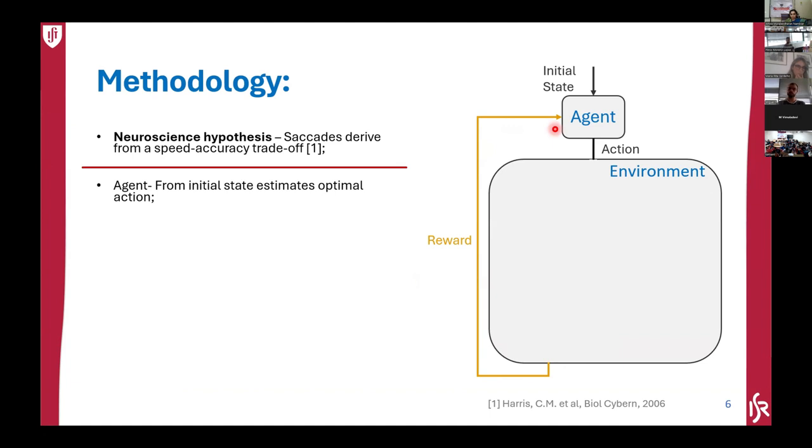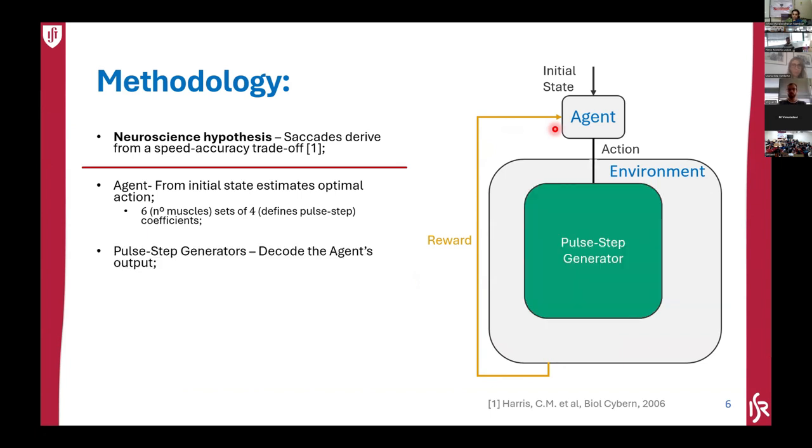The optimization process, therefore, consists of a predetermined number of interactions between agent and environment, which we individually denote as episodes. Briefly, in each episode, the agent is able to choose a total of 24 different parameters, which are then decoded in this pulse step generator.